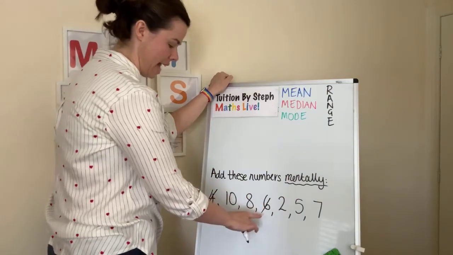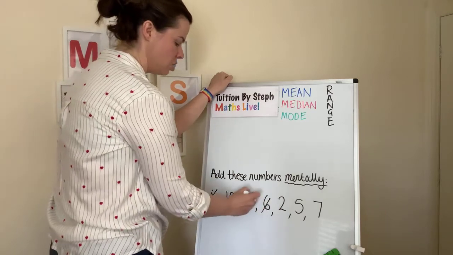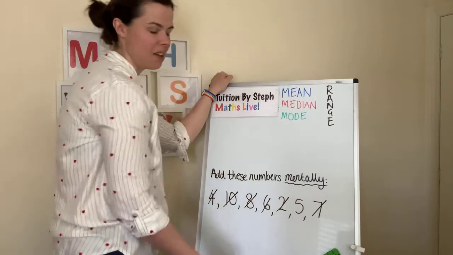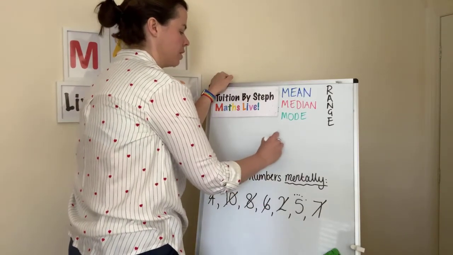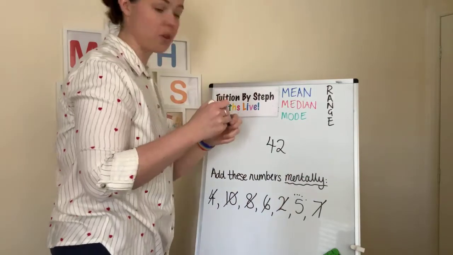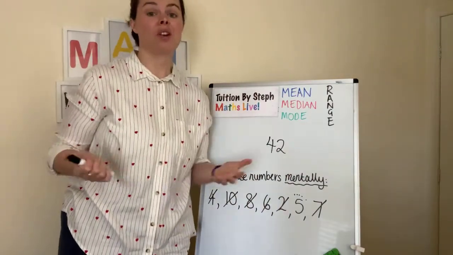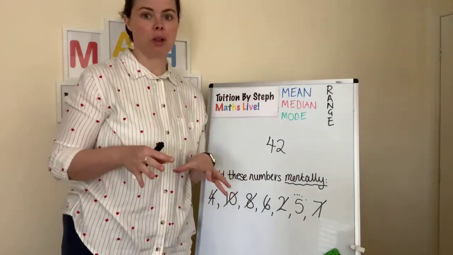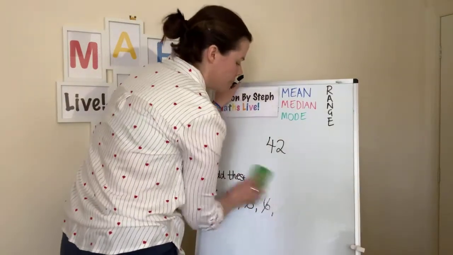So I've already got 10, 20. Oh, 8 and 2 makes 10, 30, 37, 38, 39, 40, 41, 42. So I saw a lot of you get 42. Amazing. It doesn't matter which way you did it if you got the right answer, but you might not have spotted that number bonds can help you. So there's a little tip for you to start.